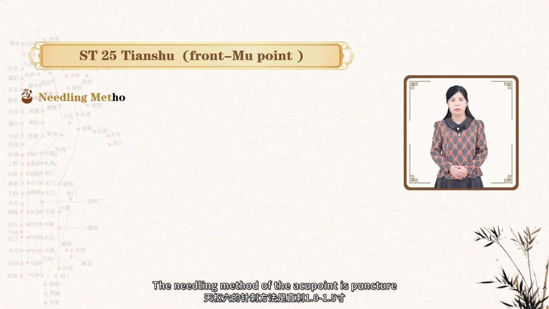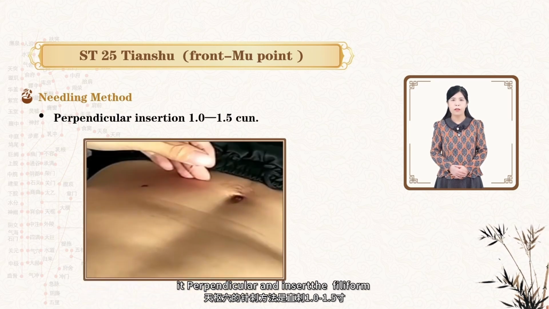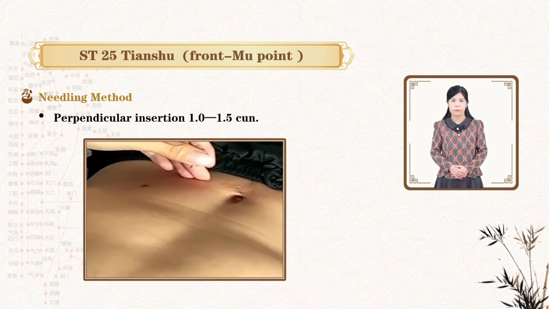The needle method of the acupoint is to puncture it perpendicularly and insert the filiform needle about 1 to 1.5 cun.